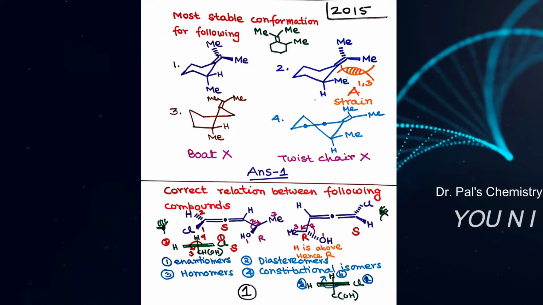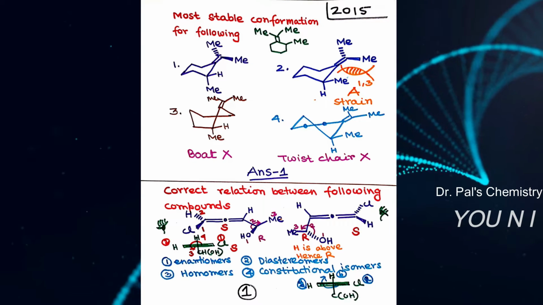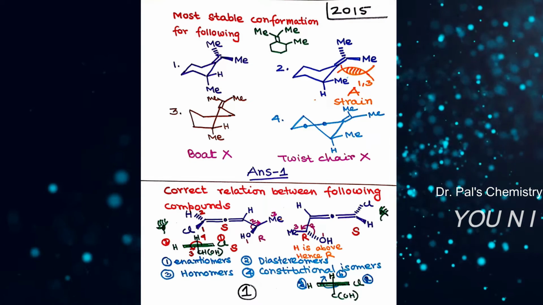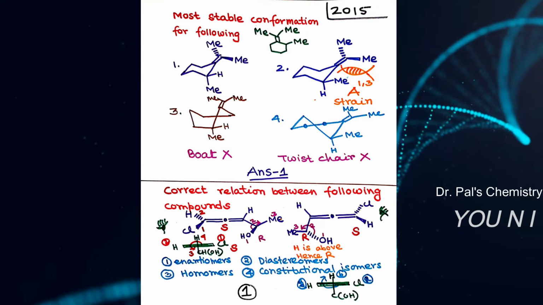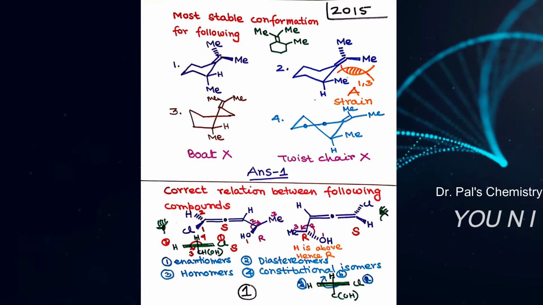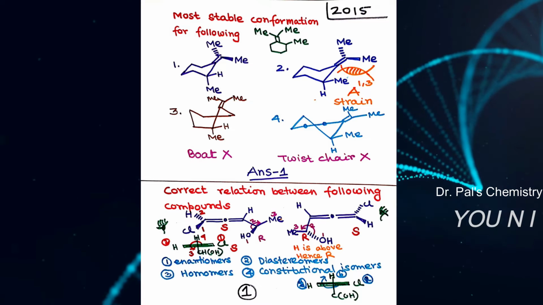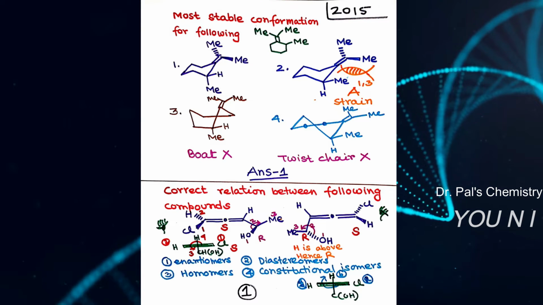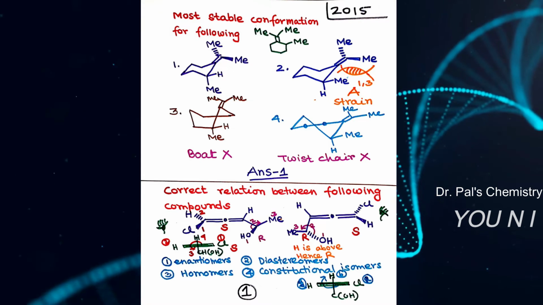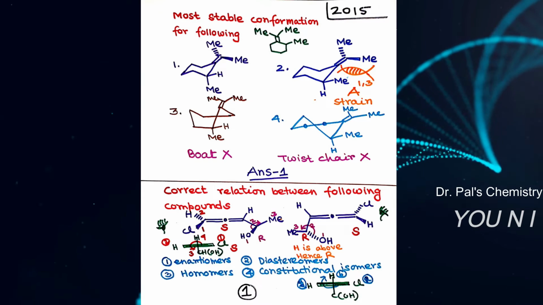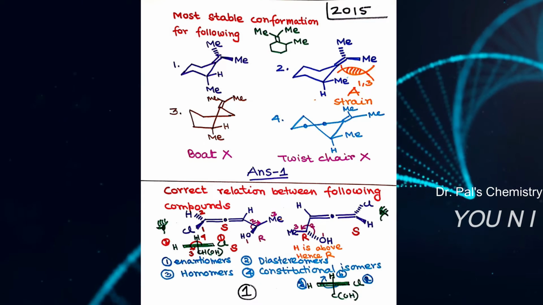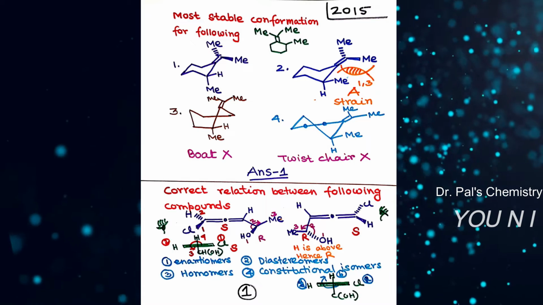So we have to do the RS nomenclature for the axial chirality as well as the chiral center, and then identify whether they are enantiomers, diastereomers, homomers, or constitutional isomers. Without doing anything, it is very clear that they cannot be constitutional isomers because they do not differ in bond connectivity. Hence, option 4 is not possible.